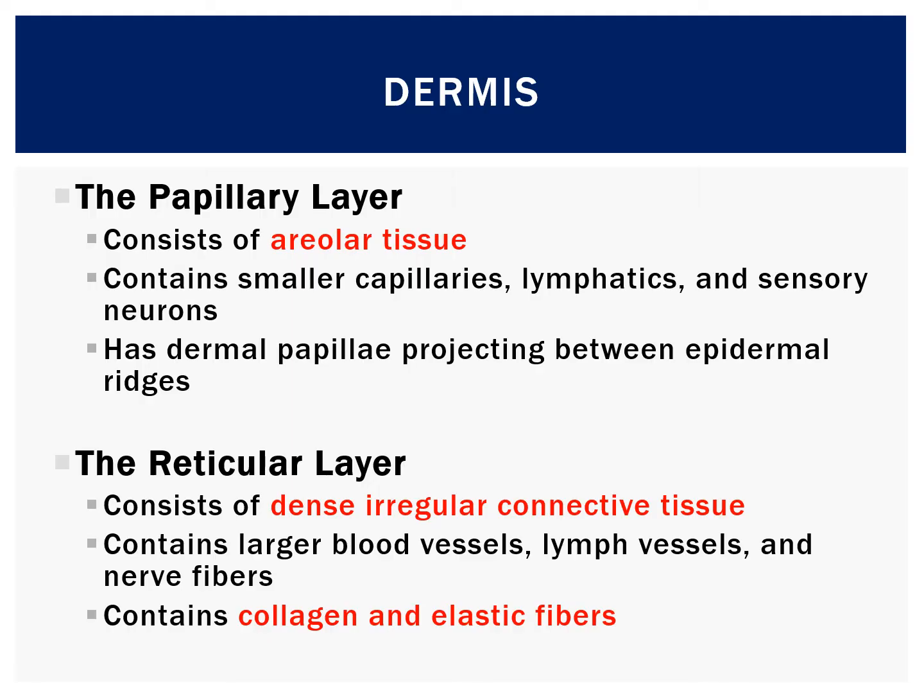But the reticular layer consists of dense irregular connective tissue, and everything is large in this layer. It contains larger blood vessels, lymph vessels, and nerve fibers. It also contains collagen and elastic fibers.